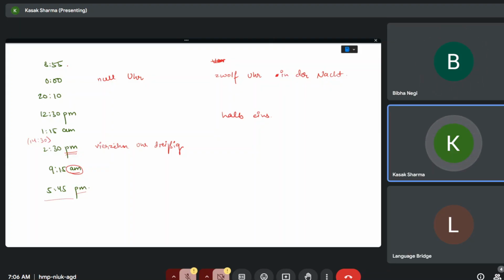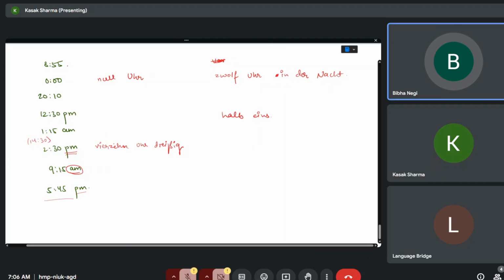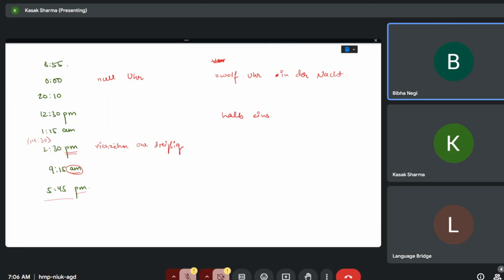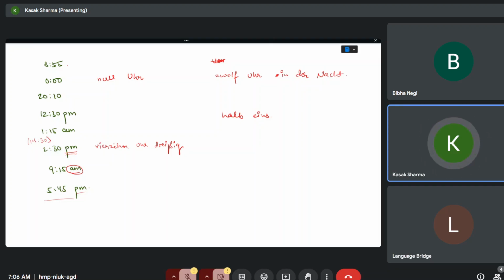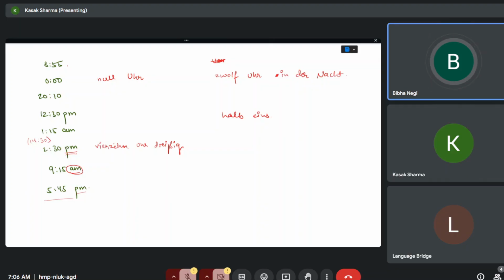This last one, 5:45 p.m. 5:45 p.m. is 17 Uhr 45.